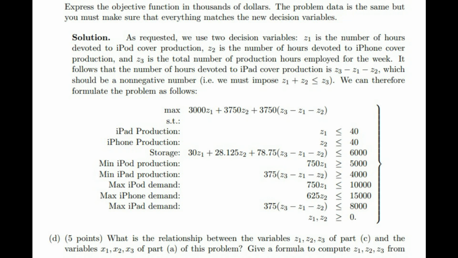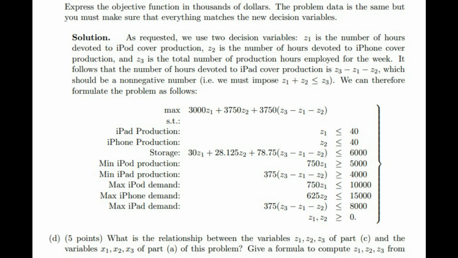Storage: 30 Z1 plus 28.125 Z2 plus 78.75 times (Z3 minus Z1 minus Z2) is less than or equal to 6,000. Minimum iPod production: 750 Z1 is greater than or equal to 5,000. Minimum iPad production: 375 times (Z3 minus Z1 minus Z2) is greater than or equal to 4,000.